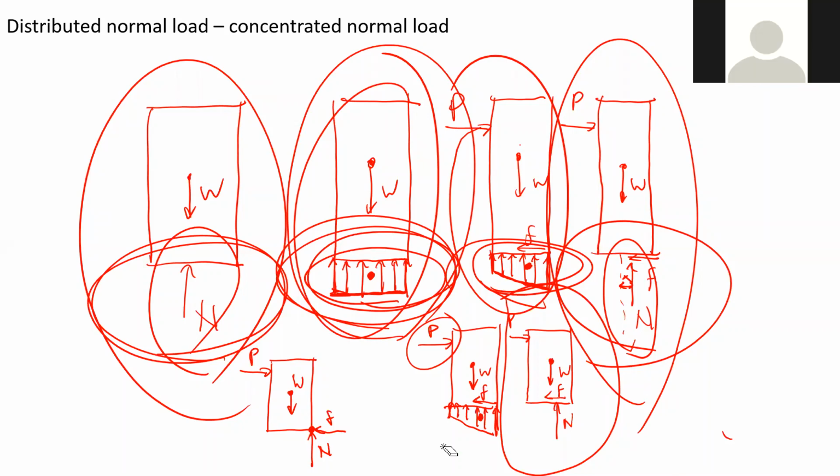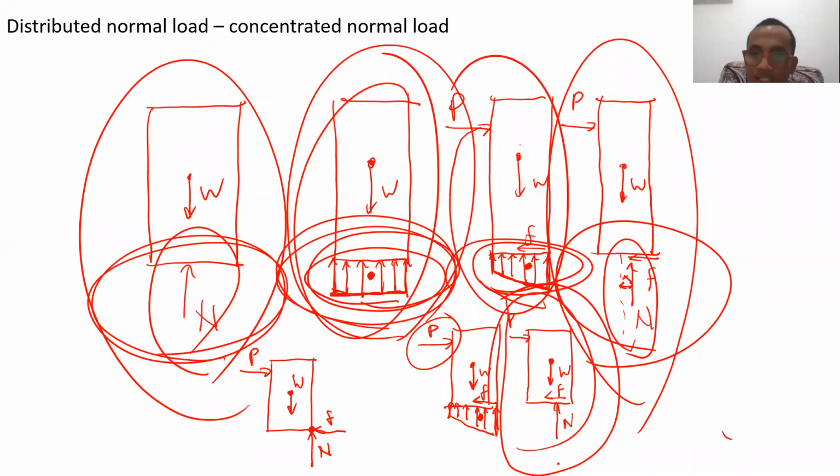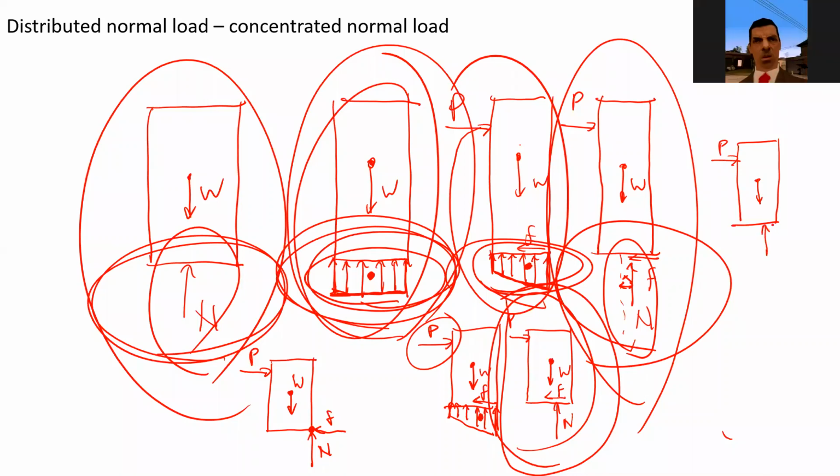So whenever we study the tipping condition, what you're supposed to draw is the simplified one: the normal force happening at one point, and the friction force happening at the same point, like this.